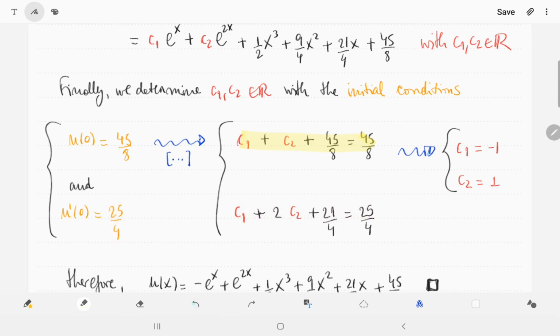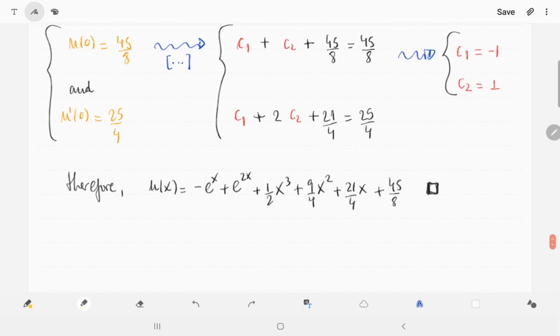Again, we are not going to do the computations here, but then we get C1 equal to -1 and C2 equal to 1. You can check if it's correct. And finally, we get the solution of this initial value problem where there are no constants. We already fixed and determined everything.